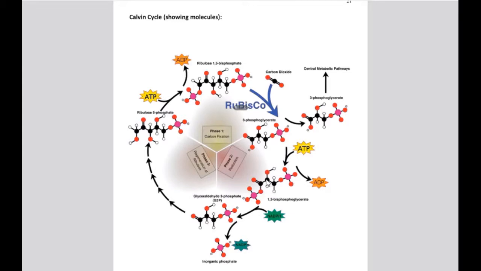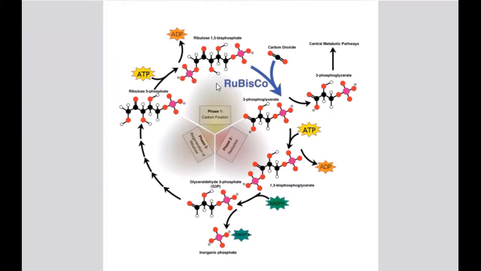So it's the stuff hanging off the carbon that gets moved around a little bit, knocks off that phosphate, change it, end up with ribulose 1,5-bisphosphate at the end. That's it, done. Fix the carbon, rearrange the molecule. Some of them go off to make sugars, some of them go off to make more RuBP. I'm done. That, my friends, is the end of the conversation for C3 photosynthesis.